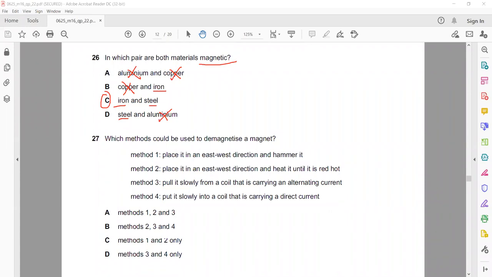Question 27. Which method could be used to demagnetize a magnet? If we want to remove the magnetic properties, which method should we use?